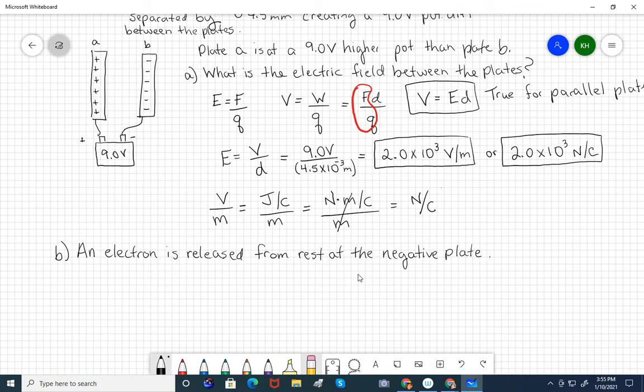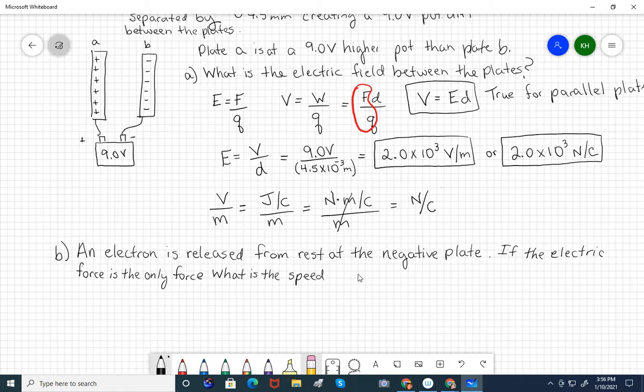If the electric force is the only force, what is the speed of the electron when it reaches the positive plate, sorry, the positive plate.